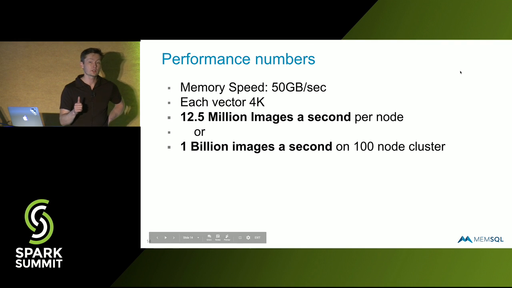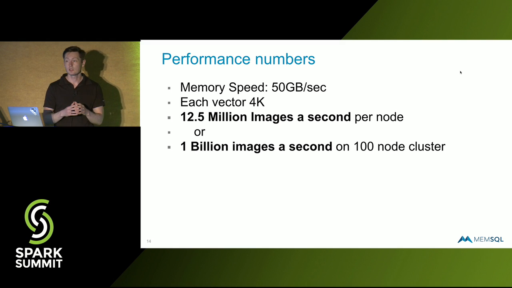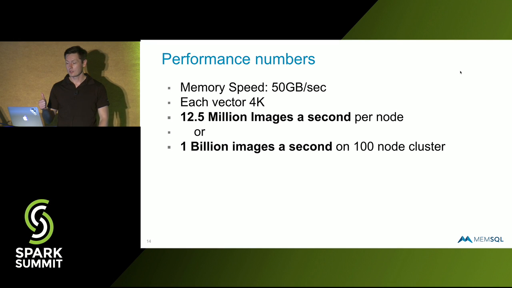But the cool thing is, if your database of images is 1 billion images, which is 1/10 of the world's population, and let's say we're doing face recognition, you can still, in 1 second, scan 1 billion images on a 100-node cluster. And today, a 100-node cluster for an enormous problem like this is not actually that much compute.